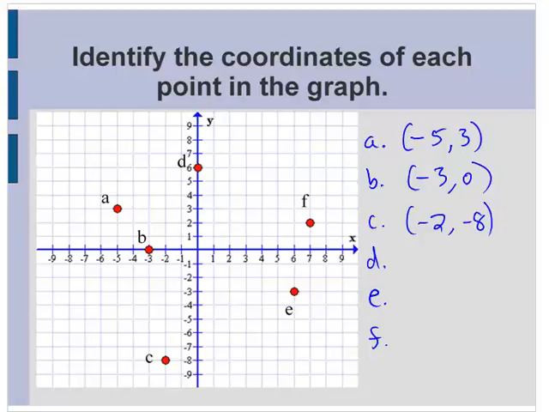D is simply 6 units above the origin, so its ordered pair would be (0, 6). E is 6 units right of the origin and 3 units below the origin: (6, -3). And finally, point F is 7 units right of the origin and 2 above the origin: (7, 2).